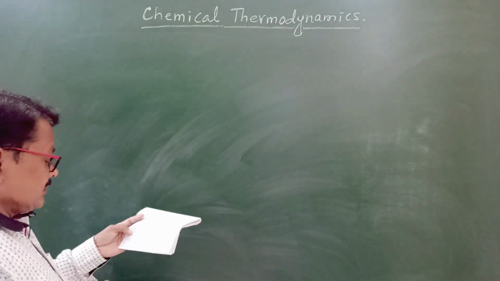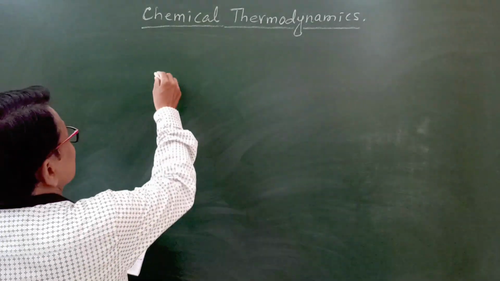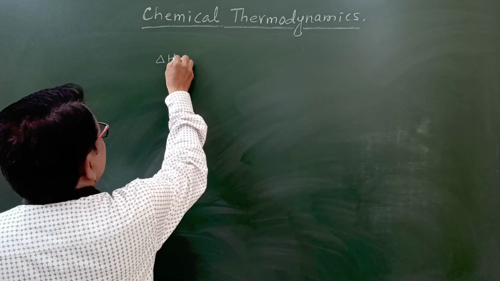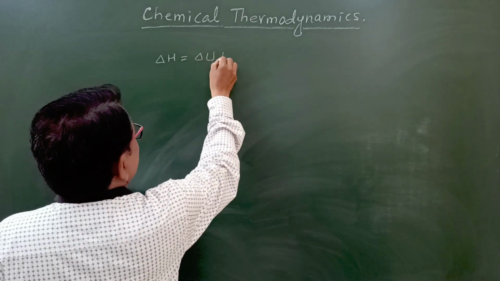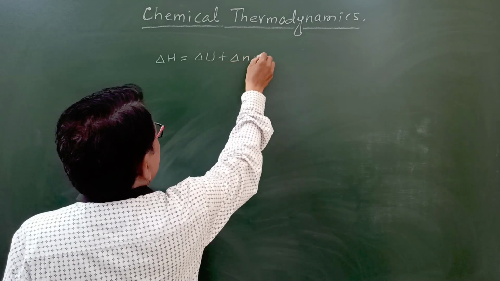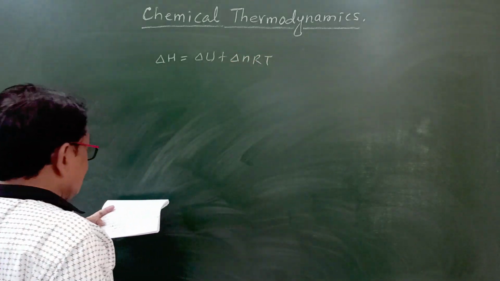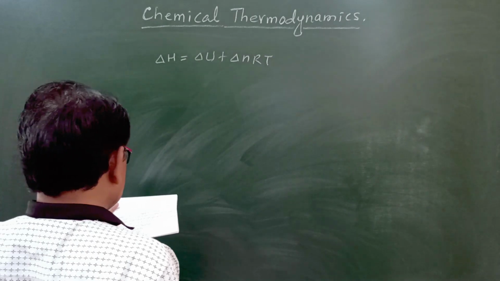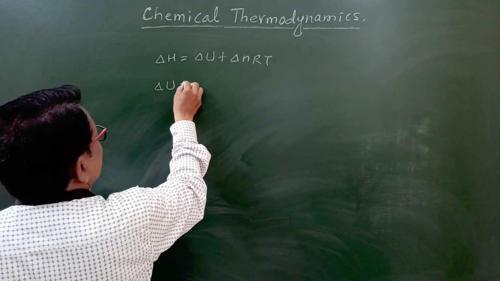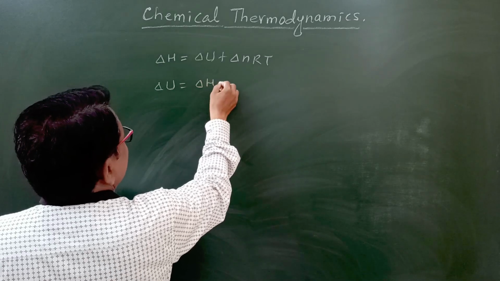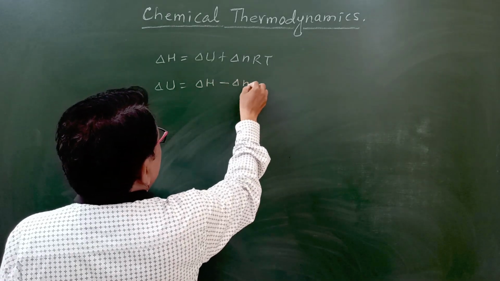This problem depends upon the equation delta H is equal to delta U plus delta n RT. Here you have to calculate the internal energy change, means delta U is equal to delta H minus delta n RT.